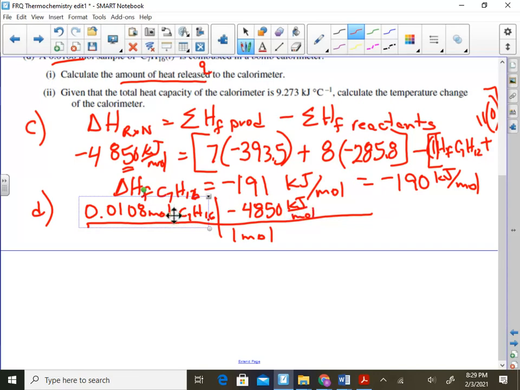And so if we know 1 mole gives us this much from our balanced chemical reaction, we know the heat produced in this reaction is 52 kilojoules. And this heat is released to the calorimeter.